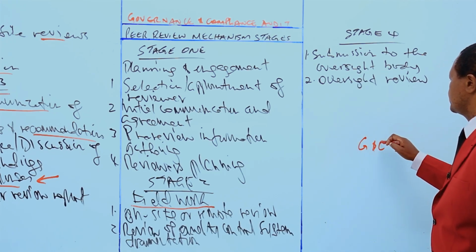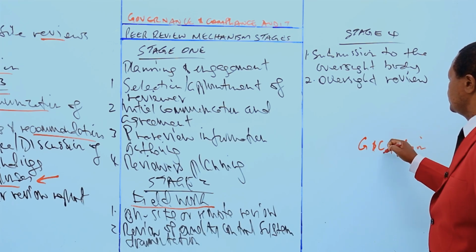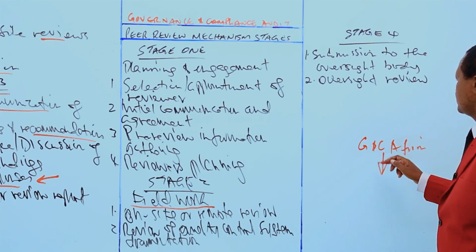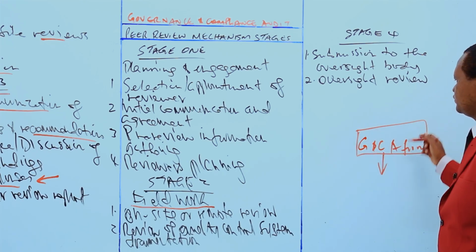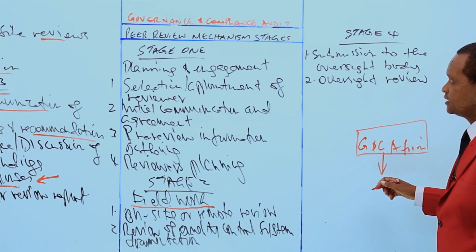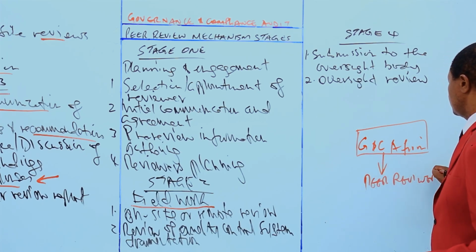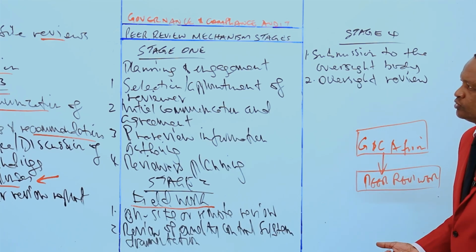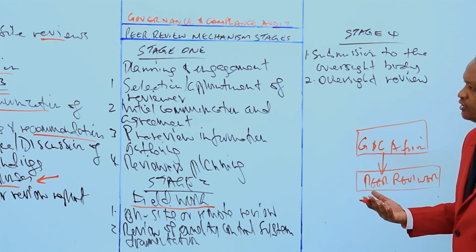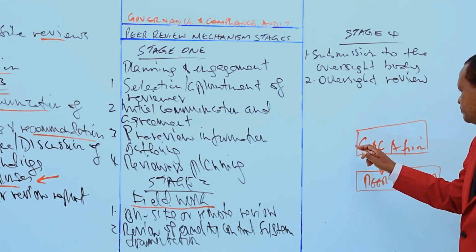The work that is done by this audit compliance firm is reviewed by an independent reviewer, the peer reviewer. The peer reviewer, we said, selects a sample of engagements that were conducted by this audit firm.